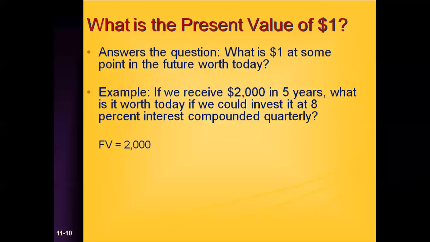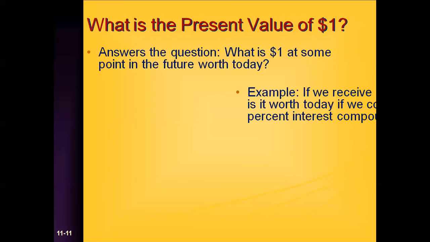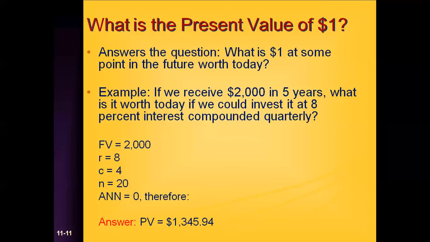So basically we're dealing with the same variables, except we're going to do this in reverse. The answer here is going to be something less than $2,000. In fact, if you got $2,000 in 5 years, it would be worth $1,345.94 today. How'd you get that?